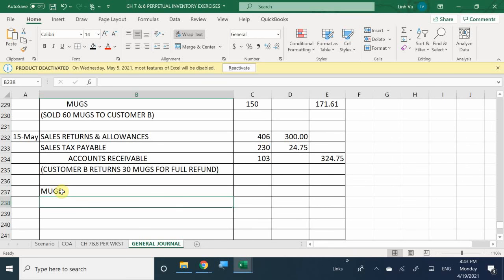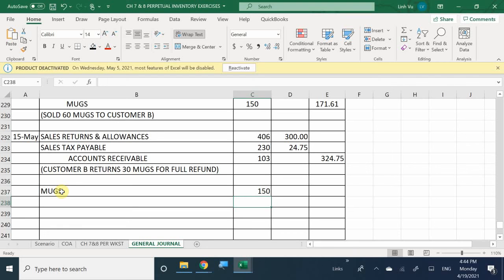Now, what is my credit account going to be? Well, not accounts. We already finished our first one, which is the accounts. Okay.